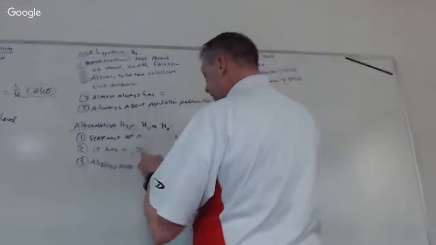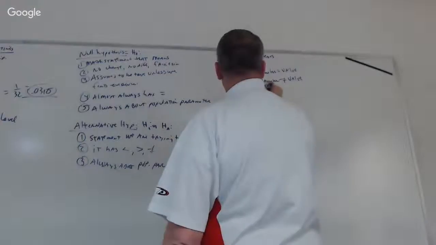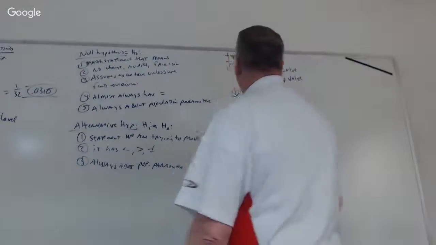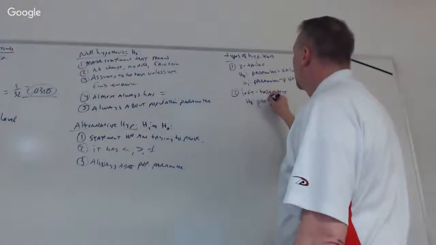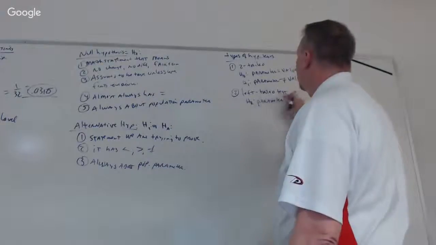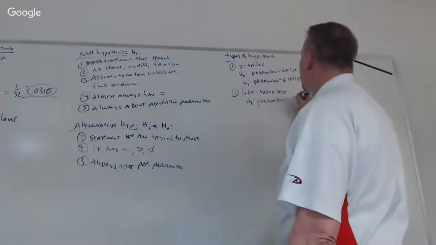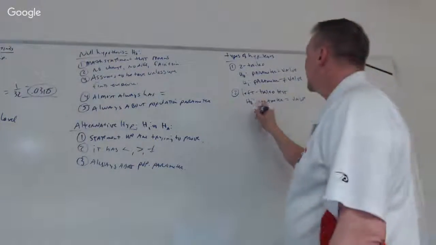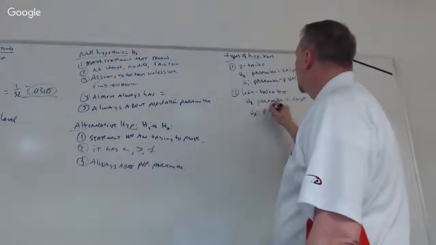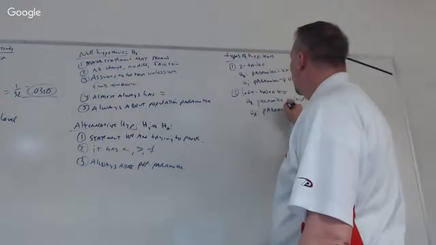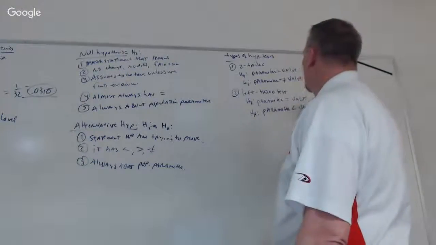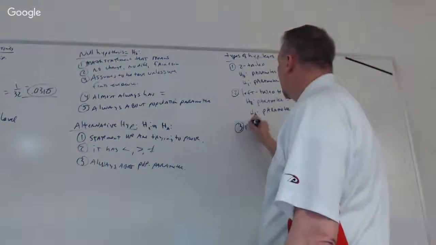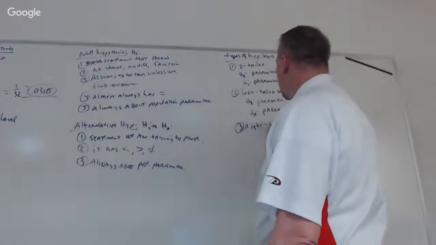Number two, we're going to do a left-tailed test, okay? Your null hypothesis is going to be the parameter equals some sort of a value, okay? Whereas the alternative hypothesis is going to be the parameter is less than some value. Okay? We could also do what's called a right-tailed test.